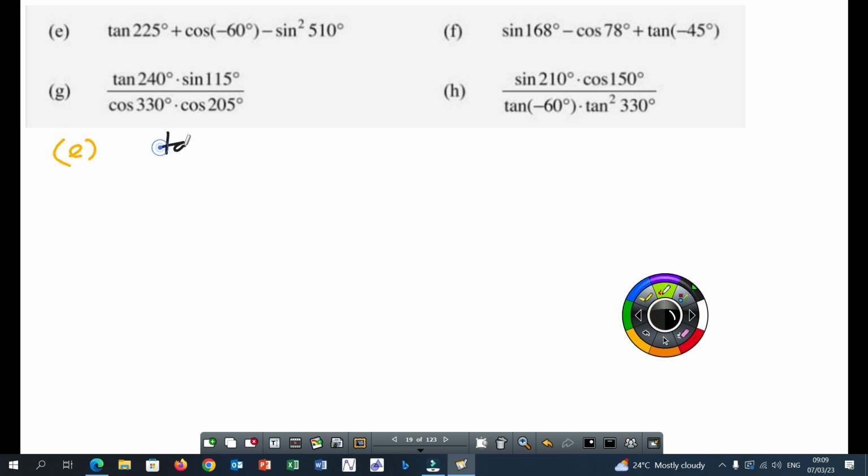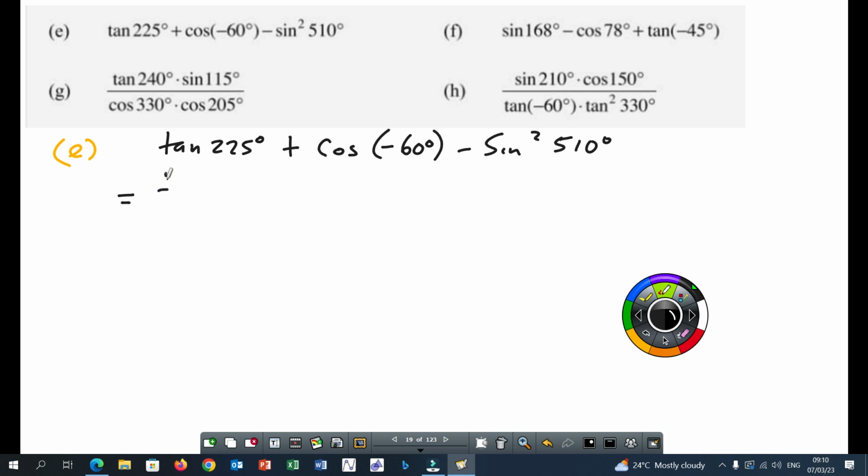With E, we have tan 225 degrees plus cosine of minus 60 degrees minus sine squared 510 degrees. Now I'm going to do it step by step. I'm only going to do this once, maybe twice, then after that I will stop.